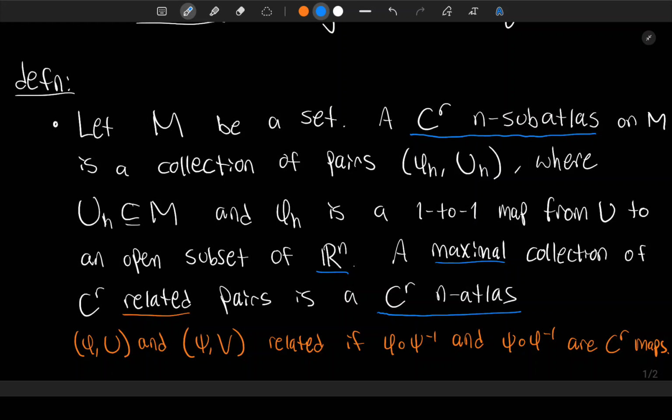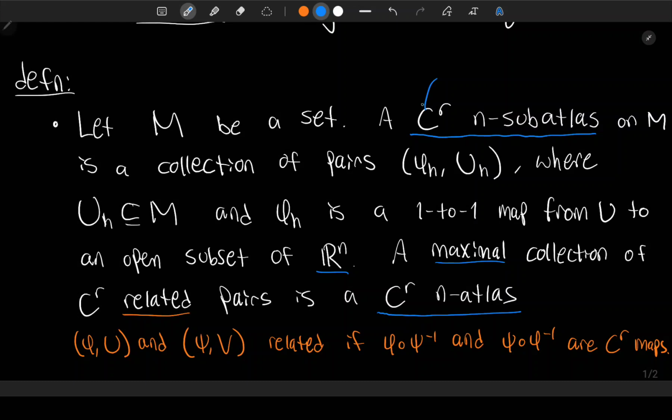And as a note, when I write CR related pairs, related simply means that given two pairs in this subatlas, so phi u and psi v, these two pairs are related if the maps phi composed with psi inverse and the map psi composed with phi inverse are both CR maps.